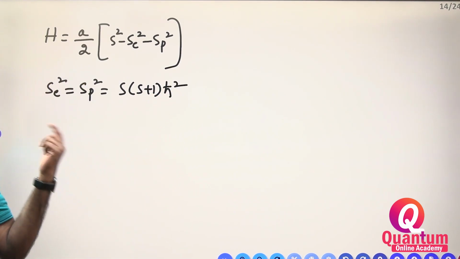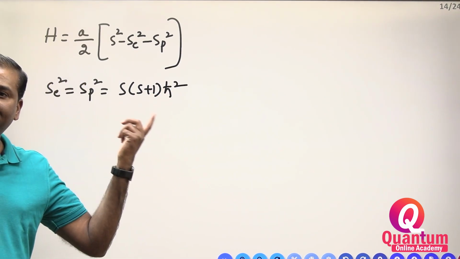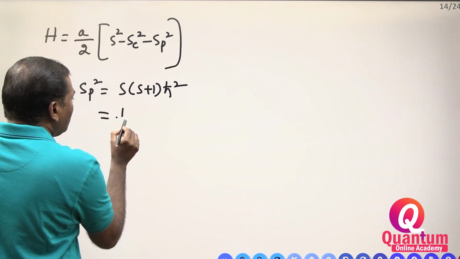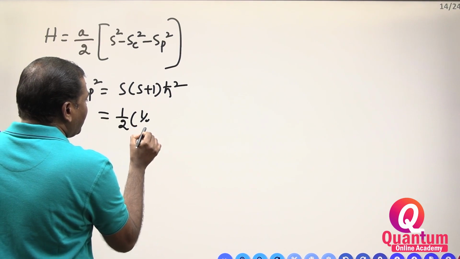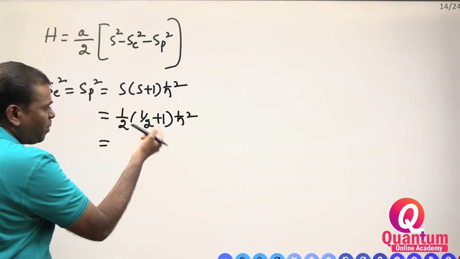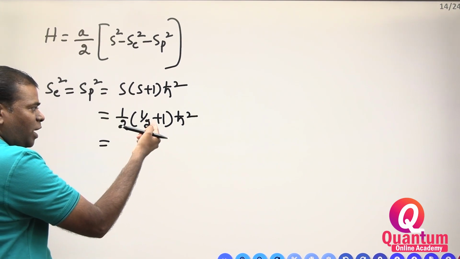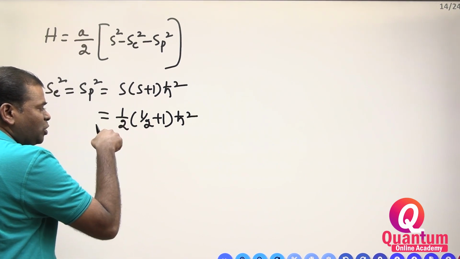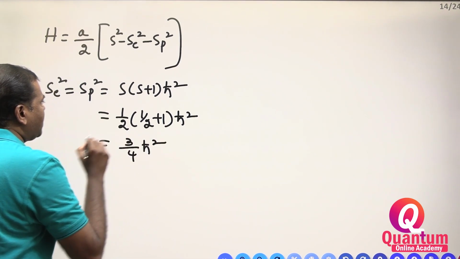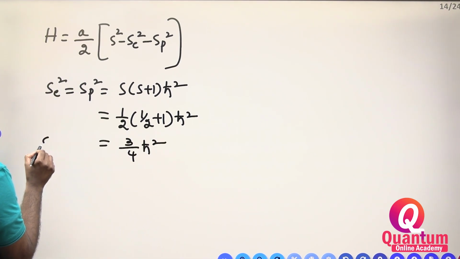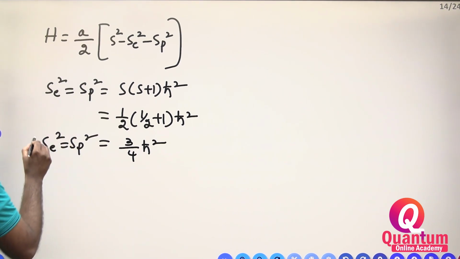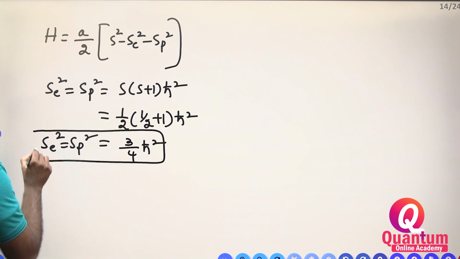Whether you take the electron spin or proton spin, that value is the same. That's why you write 1 by 2 into 1 by 2 plus 1 into H cut square. 1 by 2 plus 1 is equal to 3 by 2. 3 by 2 into 1 by 2 is equal to 3 by 4 H cut square. So Se square is equal to Sp square is equal to 3 by 4 H cut square.